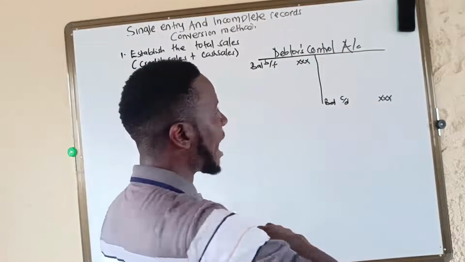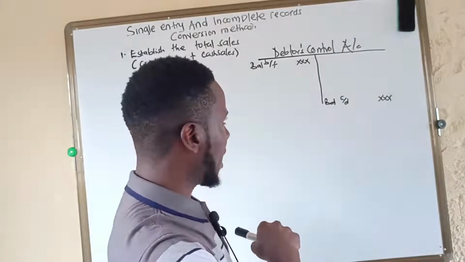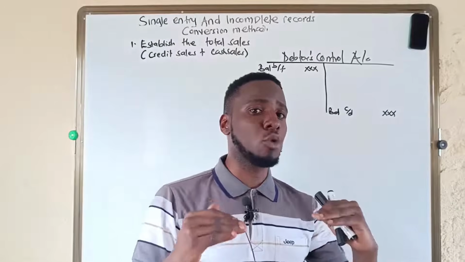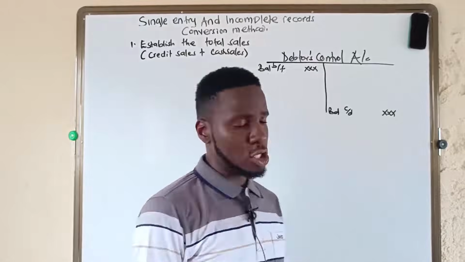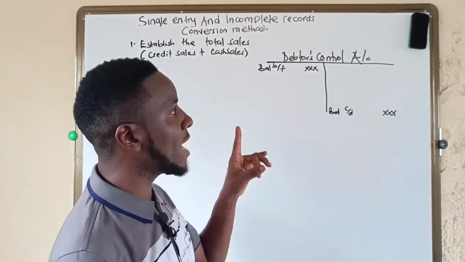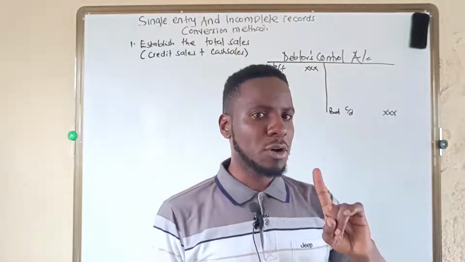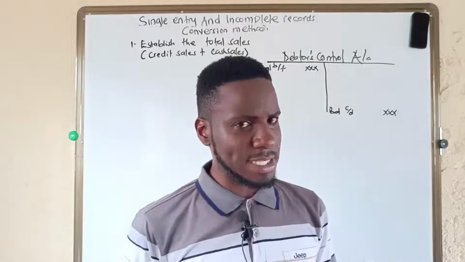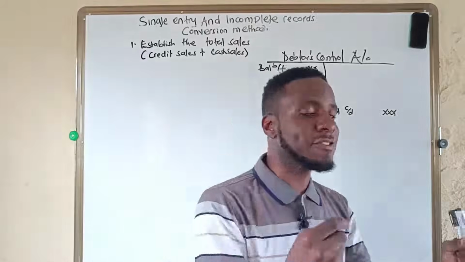Now, we can have items like, for example, when it comes to such a number, they're going to give you what they call the cash book, or what other people call receipts and payments. In the receipts and payments, you will find that you have trade debtors. Those trade debtors will be on the debit side. That means that is cash received from the debtors.